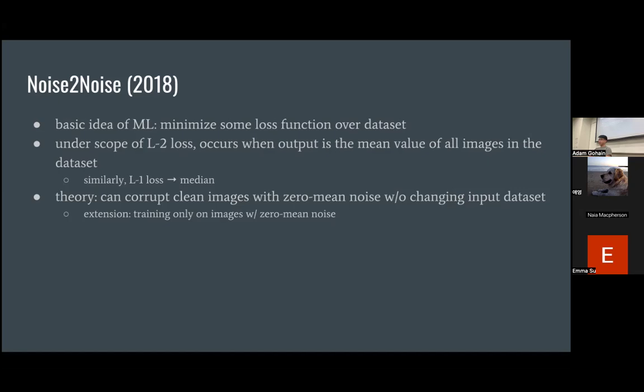Basically, that's very similar to what we're doing in ML, where we're just trying to minimize a loss function. So typically in ML, you can be dealing with different loss functions like L1 loss or L2 loss. Depending on what specific noise you're looking at, these different loss functions will have different use cases when we're using this noise-to-noise methodology.